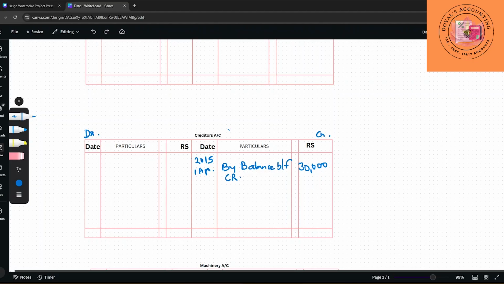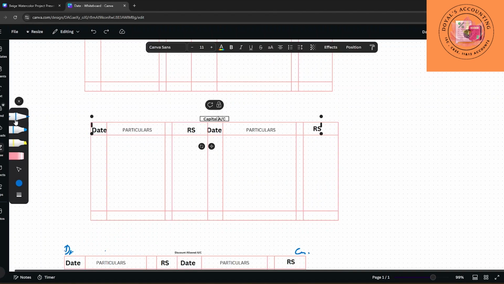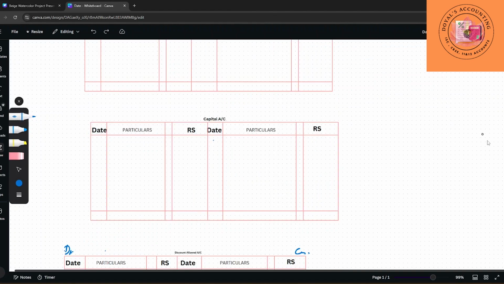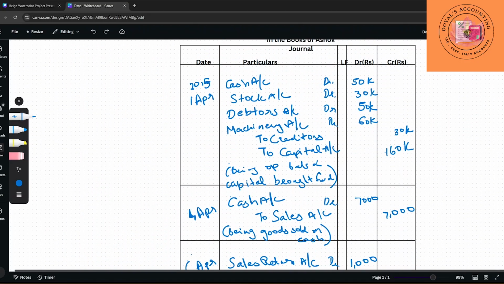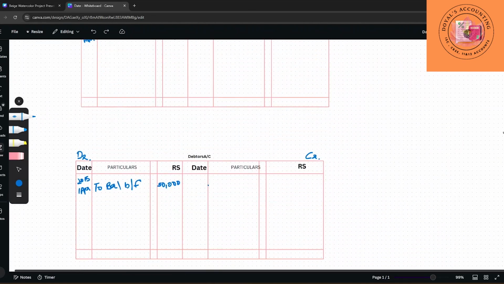This is, I think, only Rajesh's balance. Yes. And the capital which we calculated in this journal entry, to capital account, we will open a ledger in the name of capital.